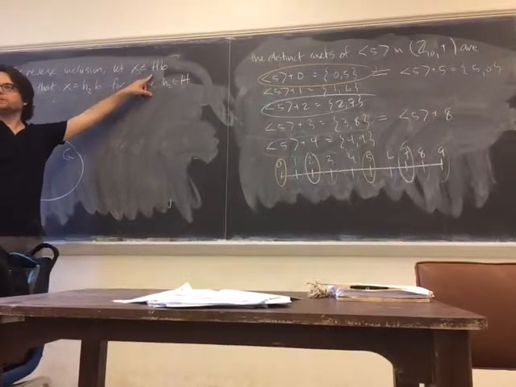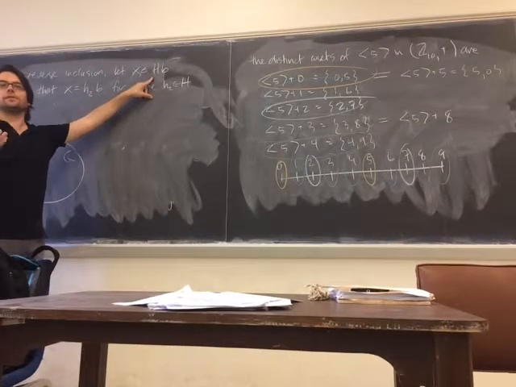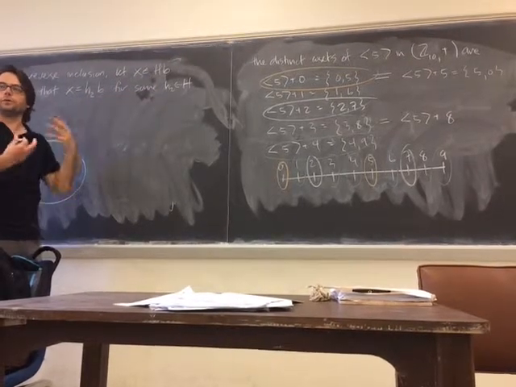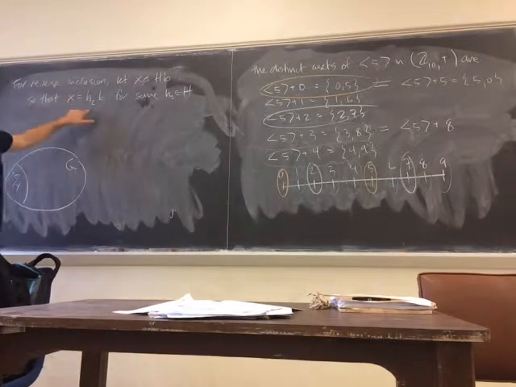Big HB is the set of all guys of the form little h times b for some little h in H. It's a weird notation, but we're going to use it a lot. So, okay, so x is h2 b.